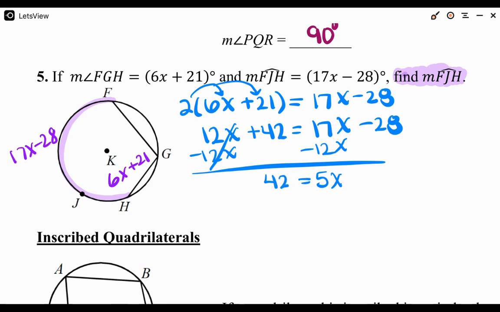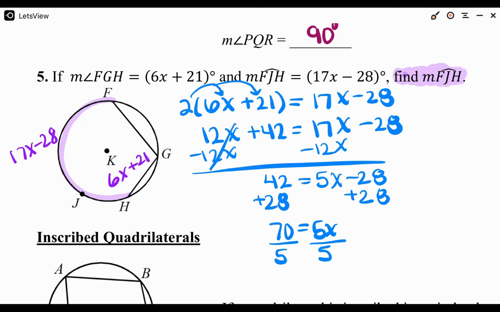Bring everything else down. Add 28 on both sides. So 42 plus 28, we get 70 equals 5x. Divide by 5. We get x is equal to 14.